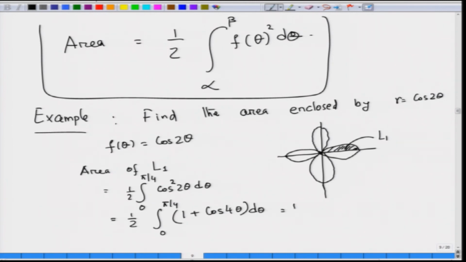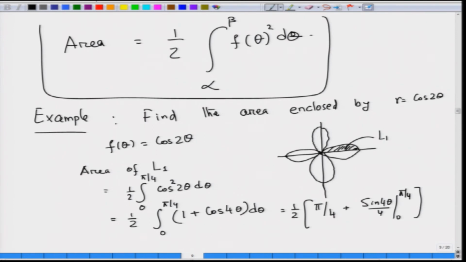This is equal to 1/2 of theta, from 0 to pi by 4, and then sin 4 theta by 4, from 0 to pi by 4.